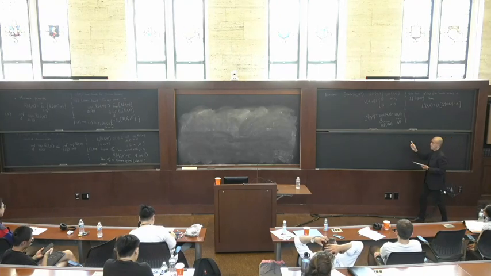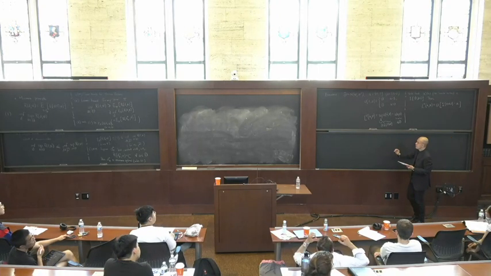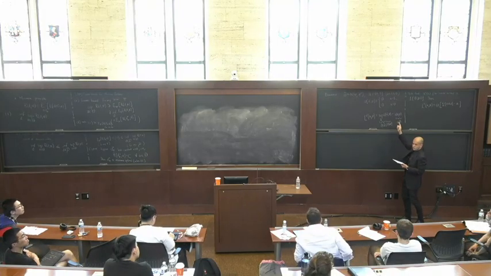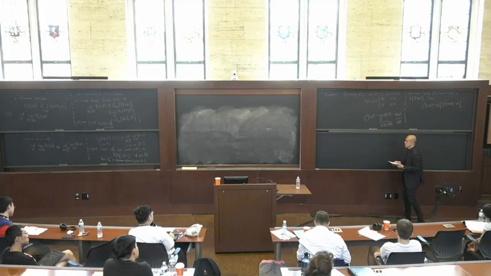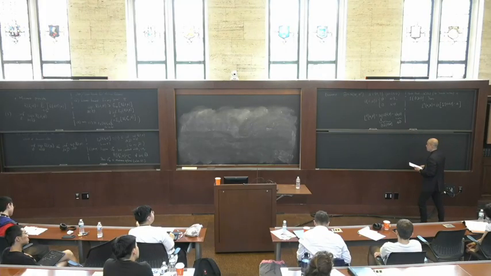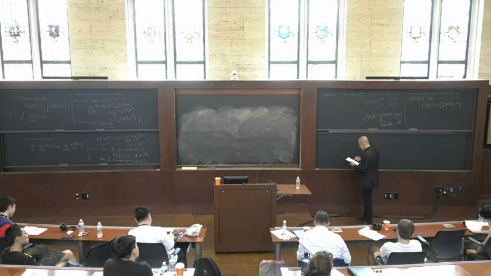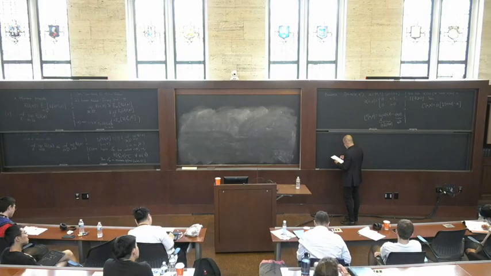Okay, and no worries if you don't see it at this point. I'm going to go directly and try to maximize expected utility, but this relation is going to hold. So perfect.